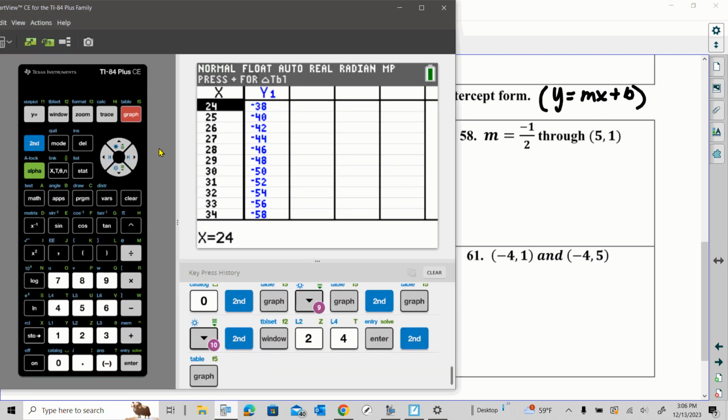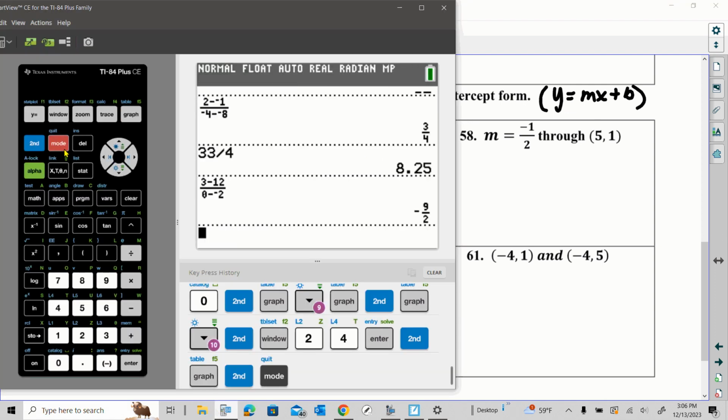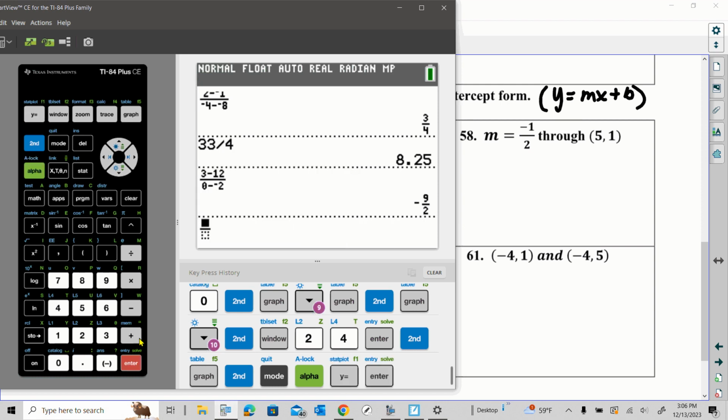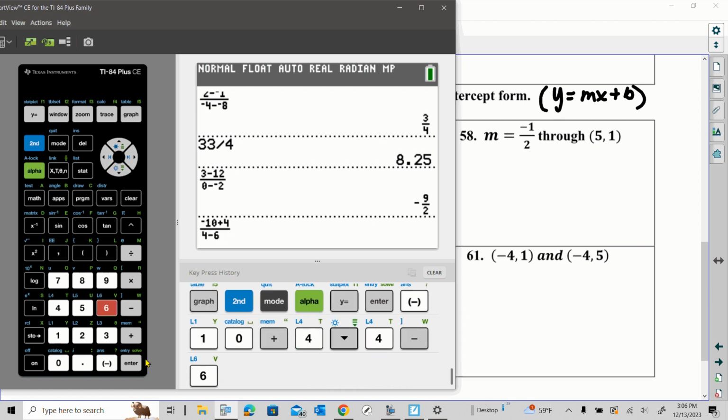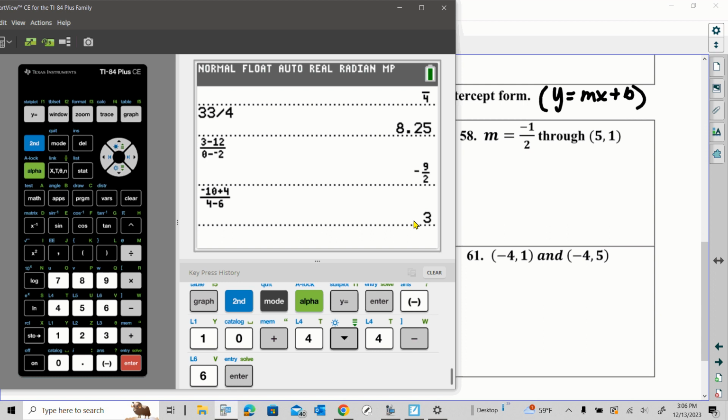We can use our calculator to do this. So if you just go back, hit second mode to get it like blank screen, y, or the alpha y equals, and now we're just plugging in our numbers. So we have a -10 minus 4 on top, arrow down, and we have 4 minus 6 on the bottom. We hit enter. There's our slope. It simplifies to 3.